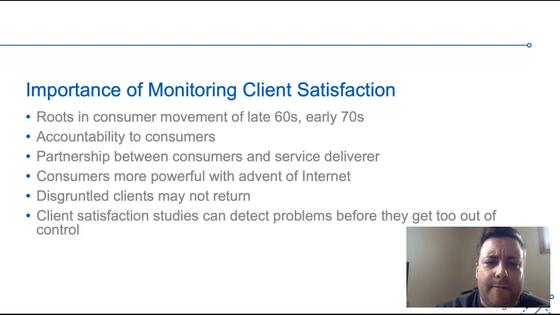So as I said, I think client satisfaction is really used as one dimension of several indicators. Oftentimes those other indicators are cost and some kind of outcome study, which we're going to talk about in other weeks.